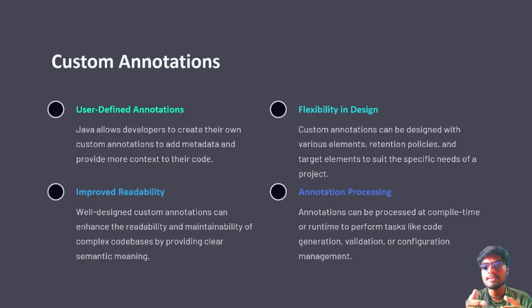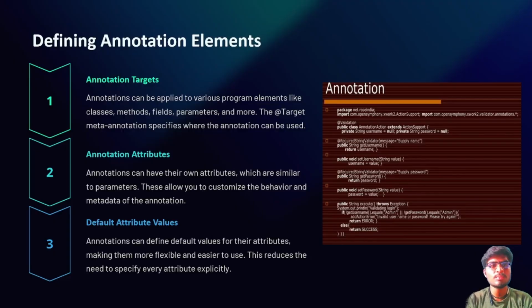If you don't pass anything in the annotation, it will take the default value. If you provide any data, that's okay, it's not a problem. But if you are not providing anything and there is no default, it will raise an issue, right? So it is the best way to provide a default value to the annotations. Okay guys, let's move on.